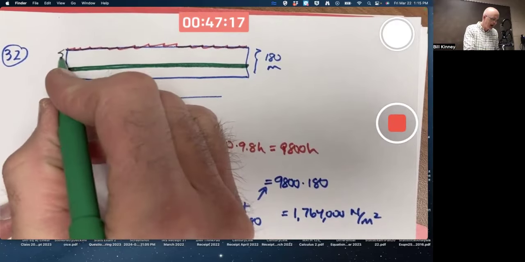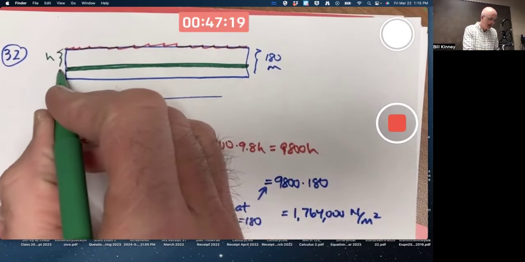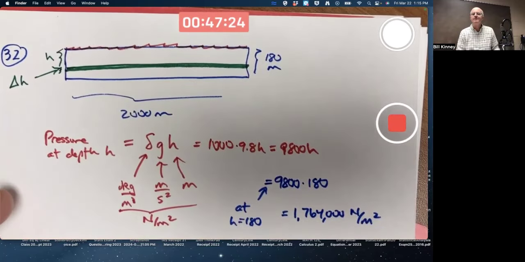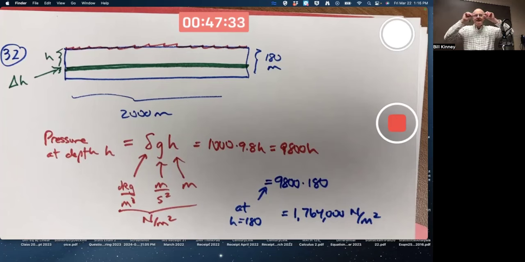If we're at depth H there, and the width of that is a small height, delta H, what's the small amount of force on this really thin strip? I mean, it's 2,000 meters long, but maybe it's only a millimeter in height, okay? So you could still call it a relatively small area. If you wanted to go more extreme, you could do a micrometer or something in height.